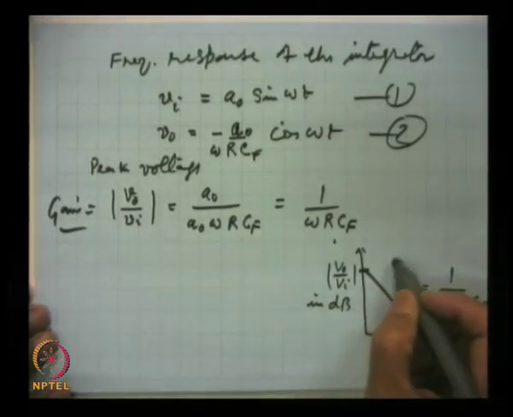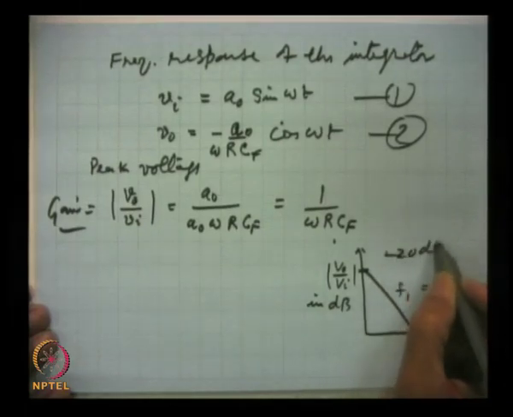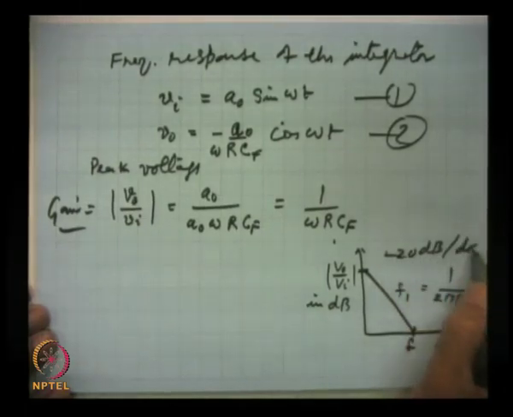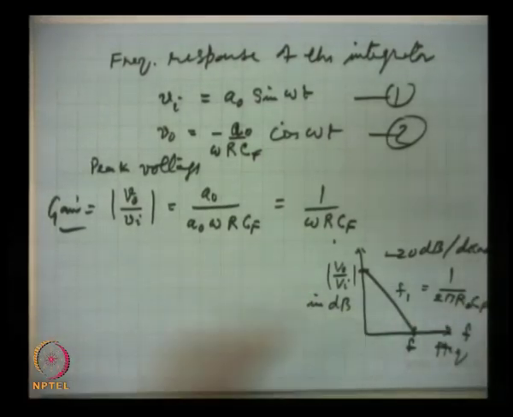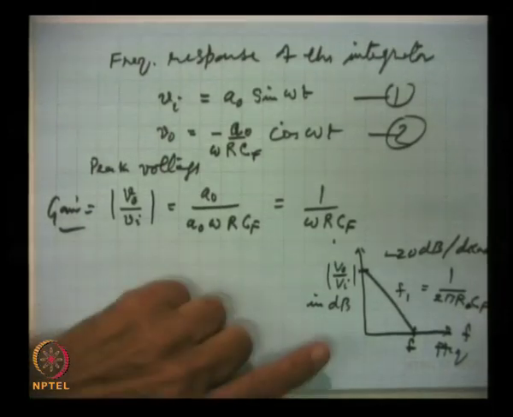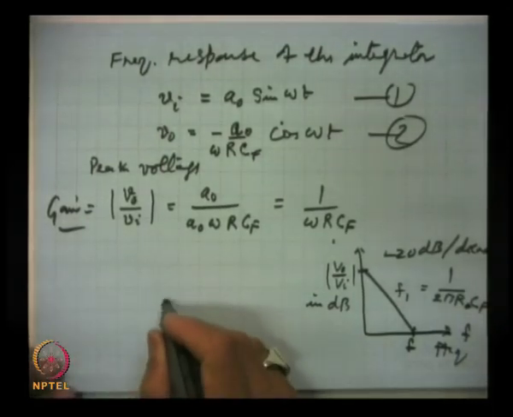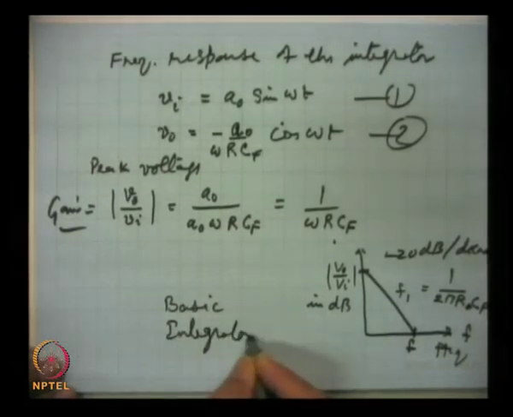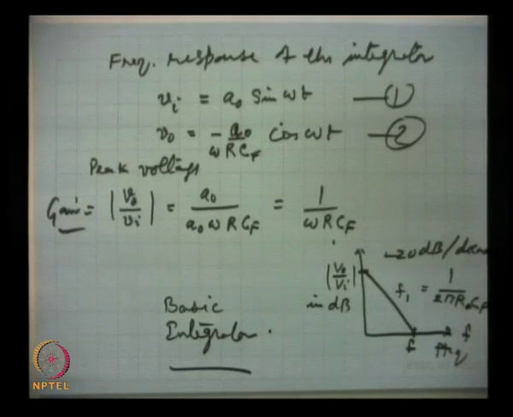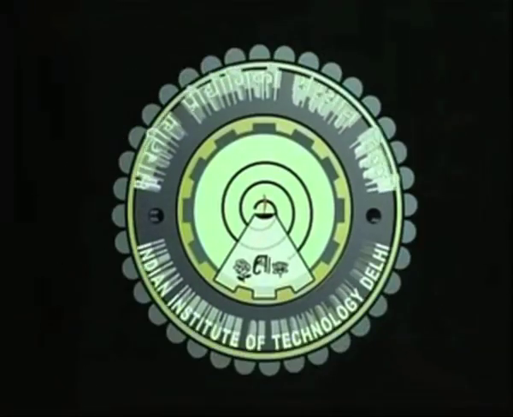This has a slope of minus 20 dB fall per decade of change of frequency. So this is the frequency response for the basic integrator, and how this is modified for the practical integrator we will take further, and discuss other circuits also.